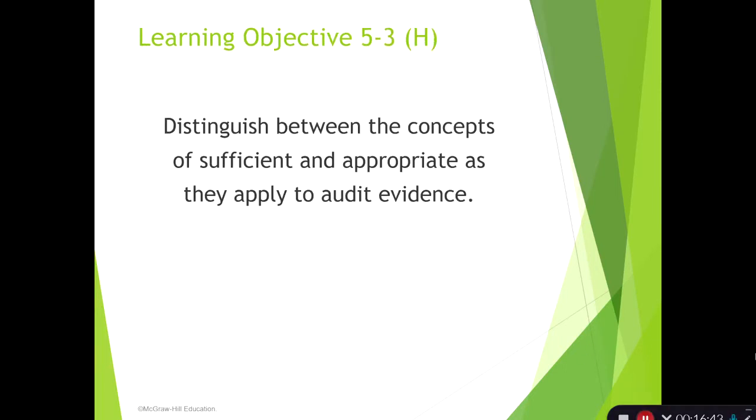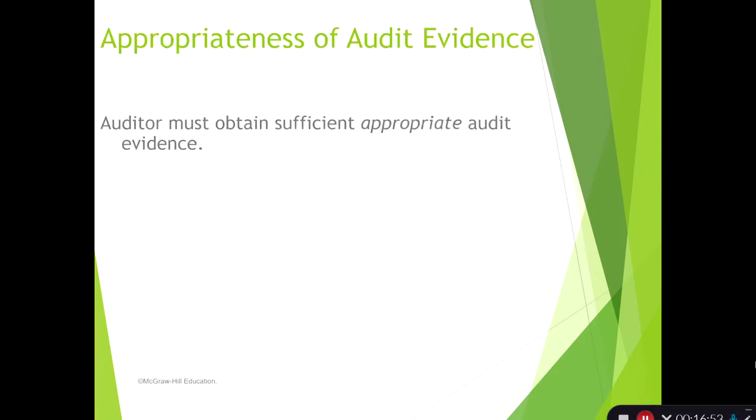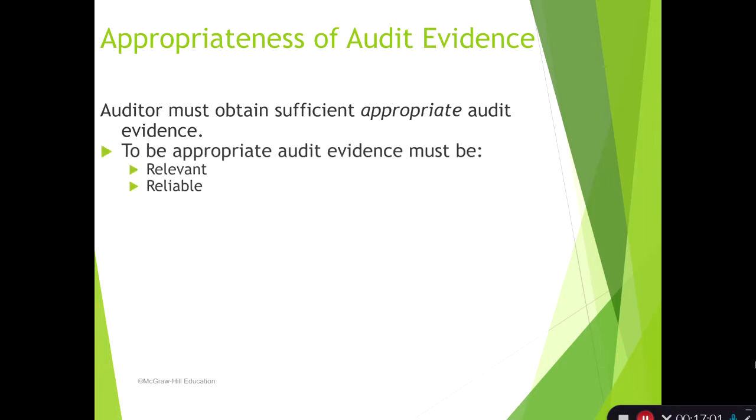So now let's layer in this idea of audit evidence, and let's think about sufficient and appropriate audit evidence for this learning objective. You have to have sufficient evidence, and it needs to be appropriate, right? It needs to be relevant, timely, those kinds of things, and reliable. Relevant just means it relates to the particular item you're auditing.